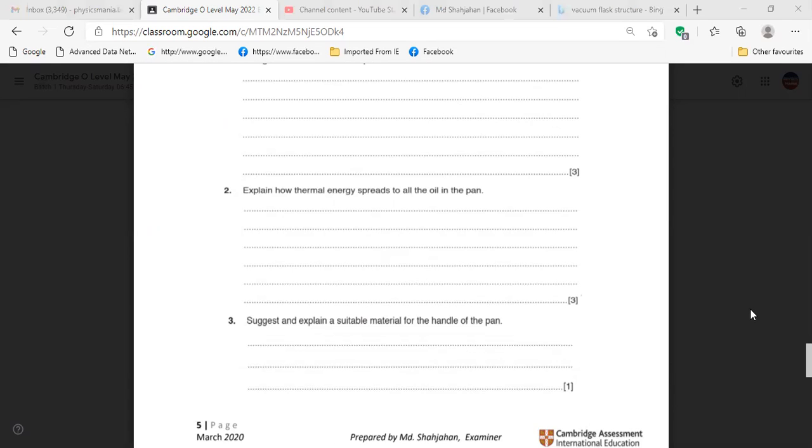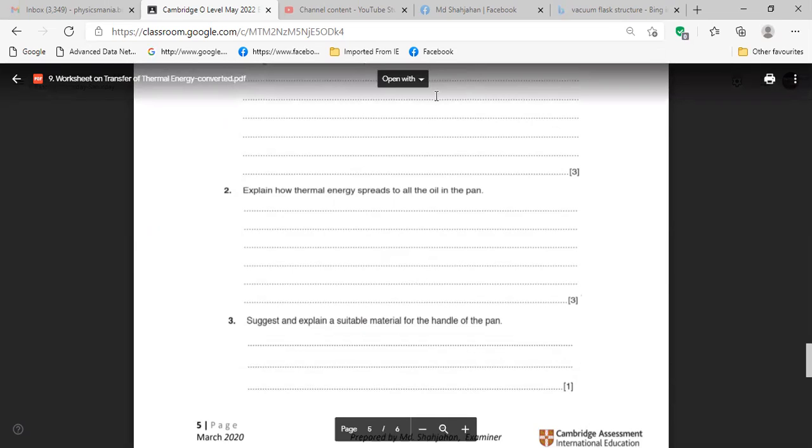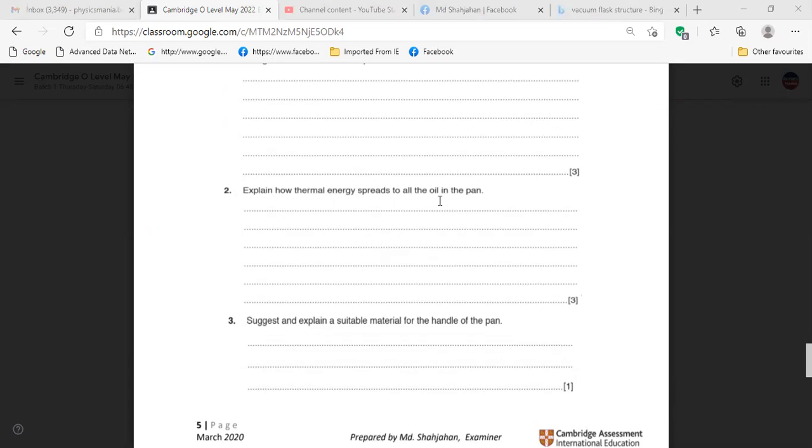So here, in oil, it spreads to all the oil. That means it's talking about the liquid, right? Only within the liquid. Thermal energy transfer within the liquid. So it is about convection, right?